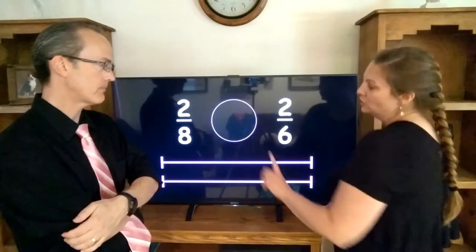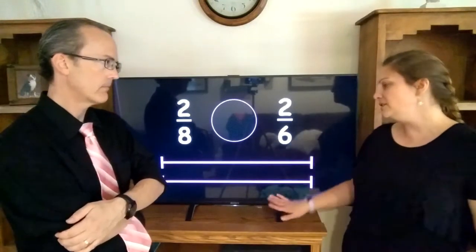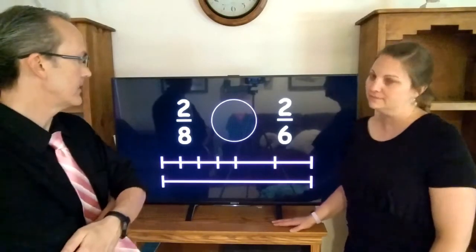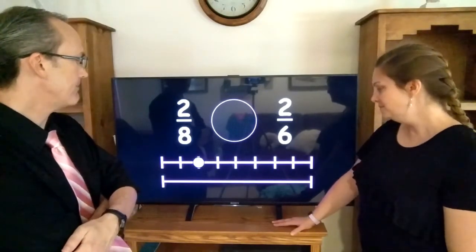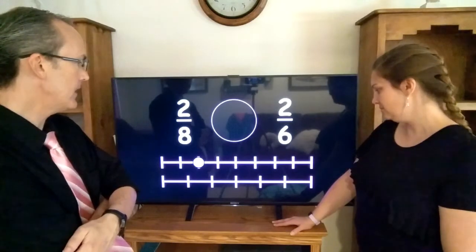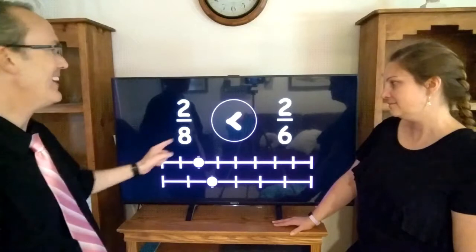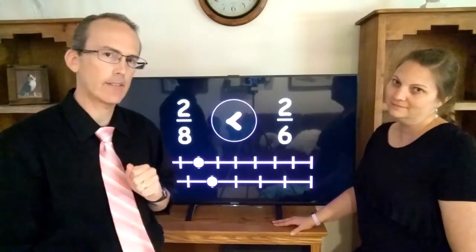That's true. So you get 2 smaller pieces, and I get 2 bigger pieces, so mine's bigger. Let's find out. There's mine, and yours comes in a little bit ahead of mine. You are correct. 2/8 is less than 2/6.